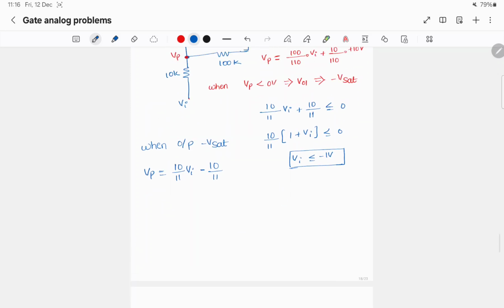So if this crosses 0 volts, when Vp is greater than or equal to 0 volts, VO1 will be positive Vsat.